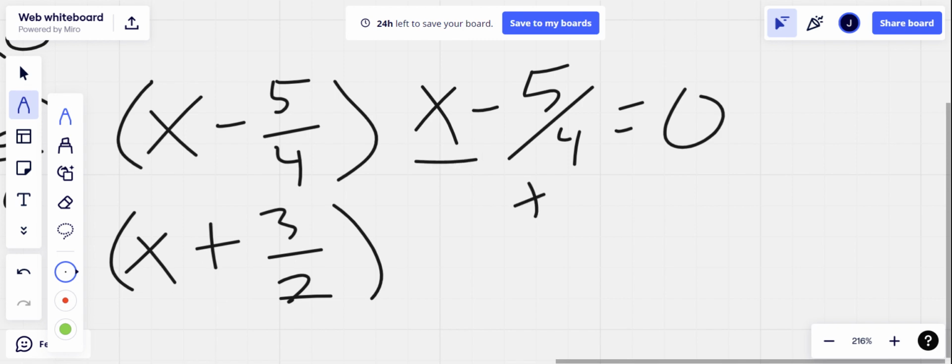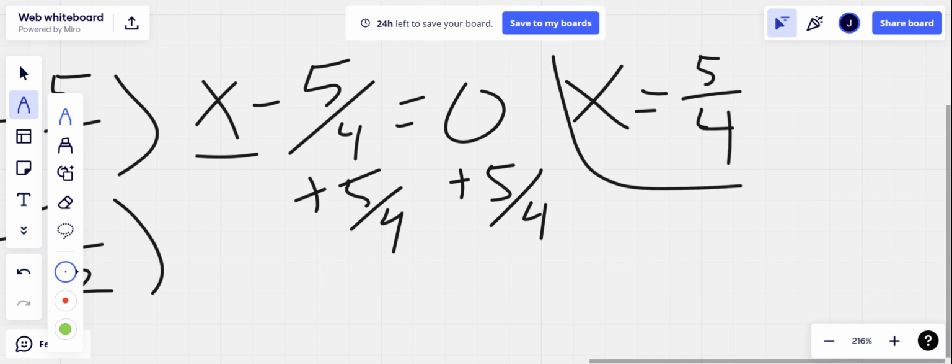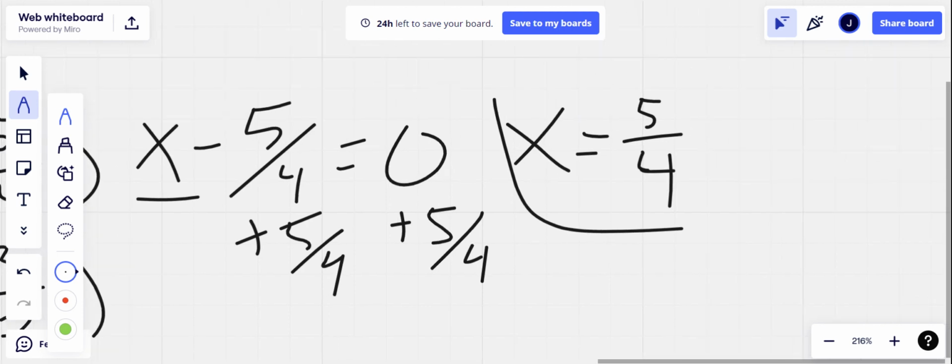I'm going to add 5/4 to both sides. Okay, so my first solution, x equals 5 over 4. Ta-da! And that's a positive 5 over 4.